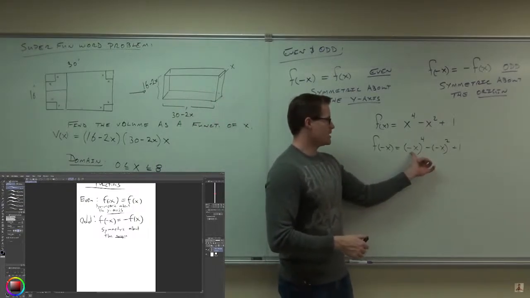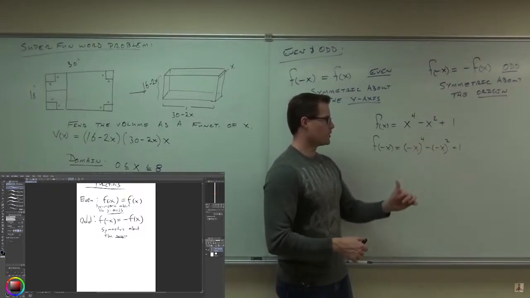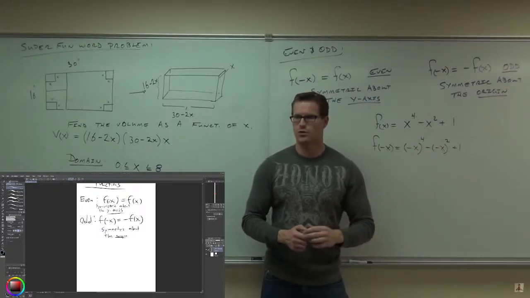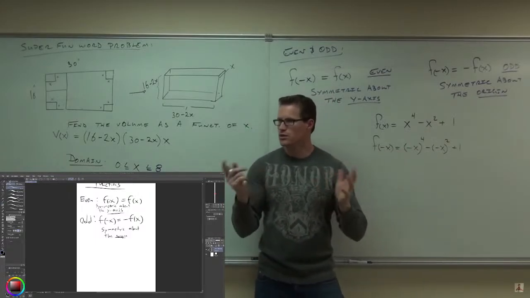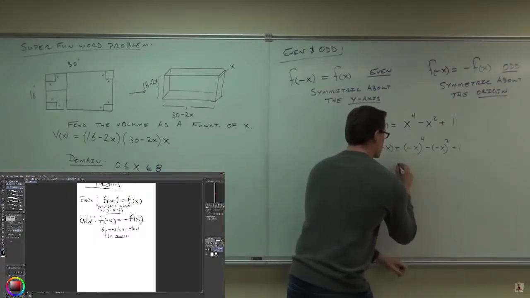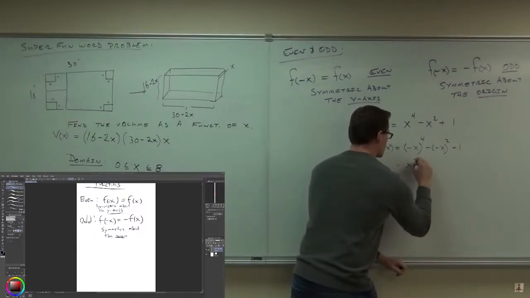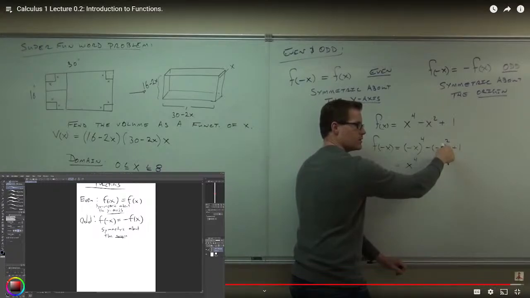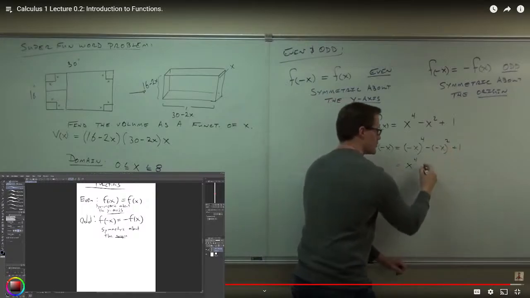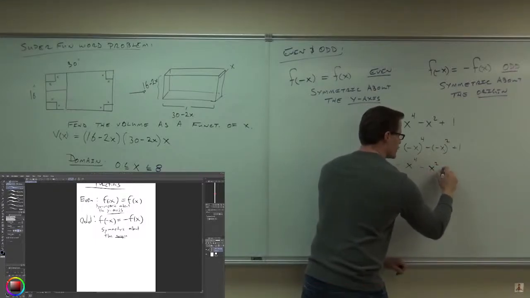How much is -x to the fourth? X to the fourth, because the negative also gets to the fourth power. It's going to go away. It's going to become positive. So this is going to become x to the fourth. What's this going to become? It's positive inside the parentheses, but then there's a negative x squared. So minus x squared and then plus 1.